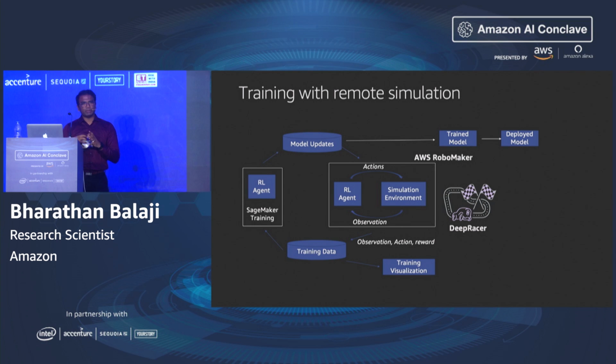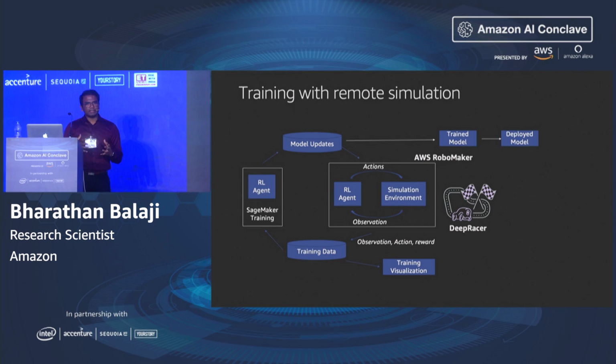Here, the simulation is done in a different service, RoboMaker, and a copy of the agent is provided to RoboMaker, and the simulation also happens inside RoboMaker. RoboMaker collects the interaction data and stores it in a database. And from that database, SageMaker ingests that data and updates the agent. The agent then stores these models on S3, and RoboMaker periodically downloads the data from there, and this loop is what allows us to train the agent.